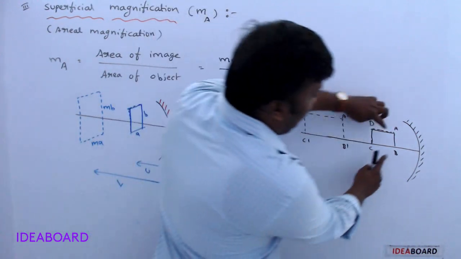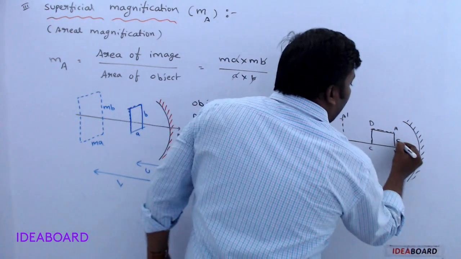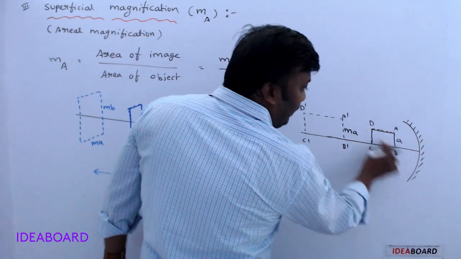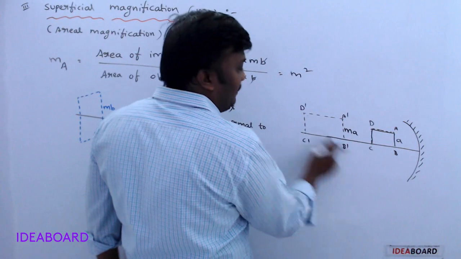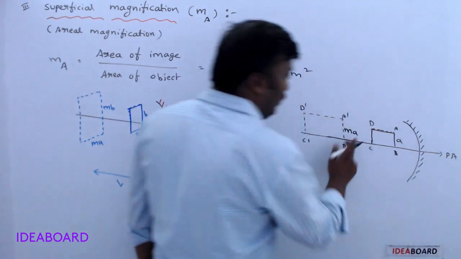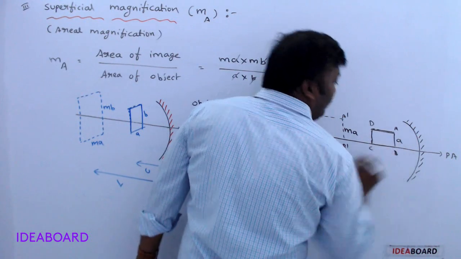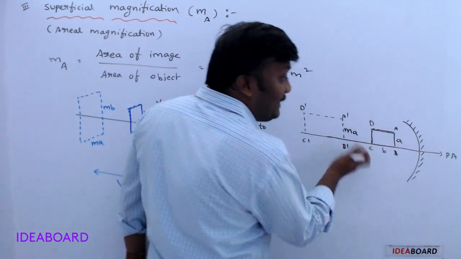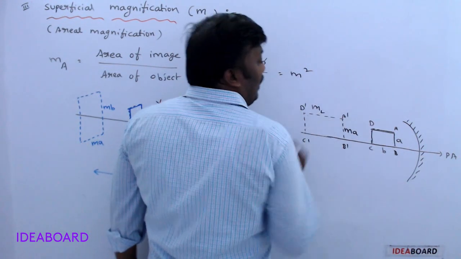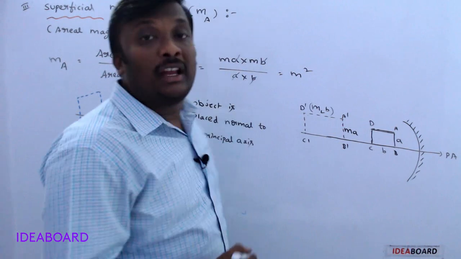Now just observe. AB is perpendicular to the principal axis, so its magnification is lateral magnification. AB or DC, A dash B dash or D dash C dash are perpendicular to the principal axis, so we can take lateral magnification. AD or BC are parallel to the principal axis. If you take the parallel to the principal axis, you can consider longitudinal magnification.